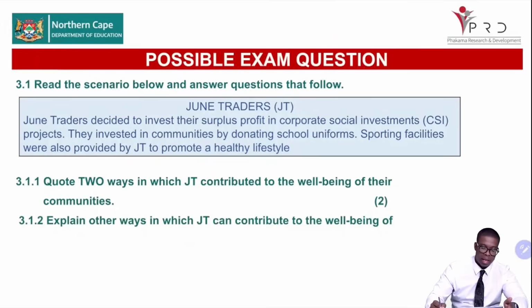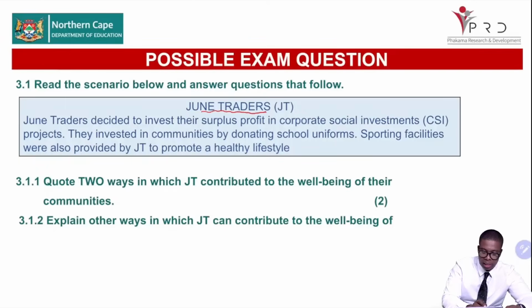You see, the action verb is a scenario, and you should not expect that always the question will say identify. The scenarios vary. There's a scenario that requires of you to identify, and there's a scenario that says quote from the scenario. Now, read the scenario below and answer the questions that follow. We have June Traders.